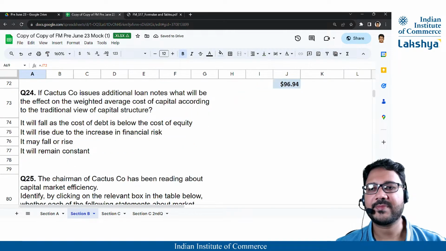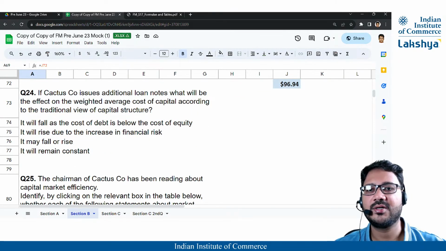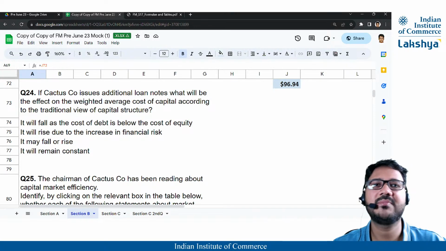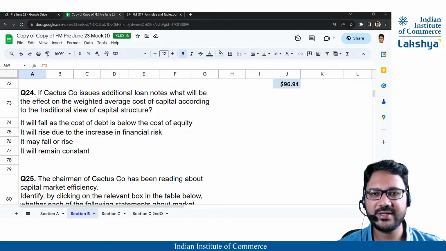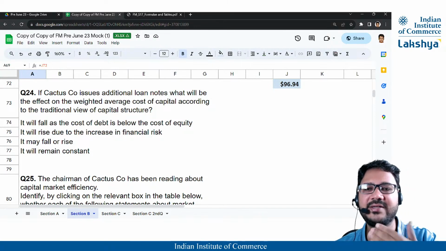If the Cactus company issues additional loan notes, that will affect the WACC according to the traditional view of capital structure. So if you remember the traditional view, it said that the cost of debt is cheaper than the cost of equity. However, as the debt component increases, financial risk will increase.